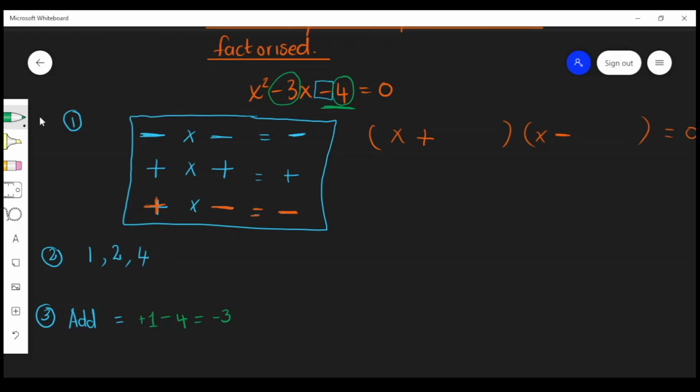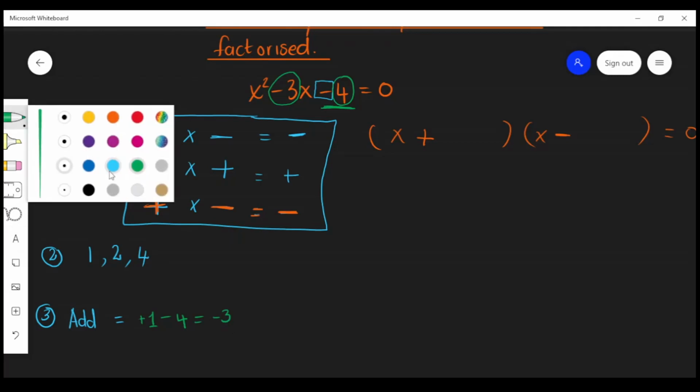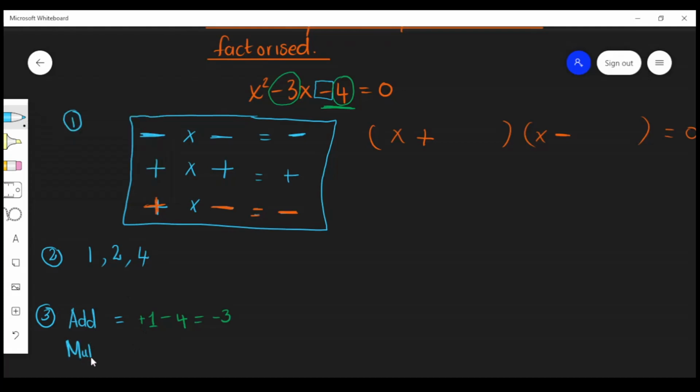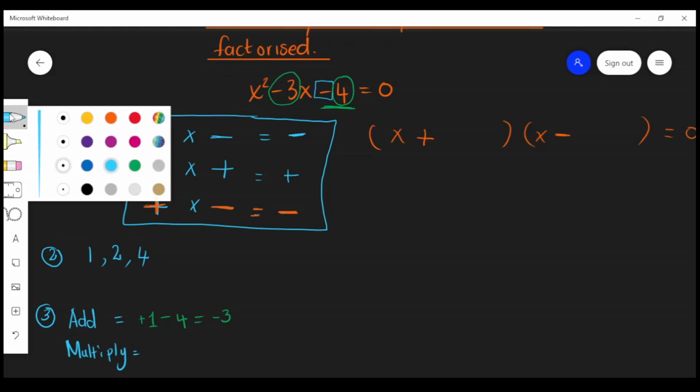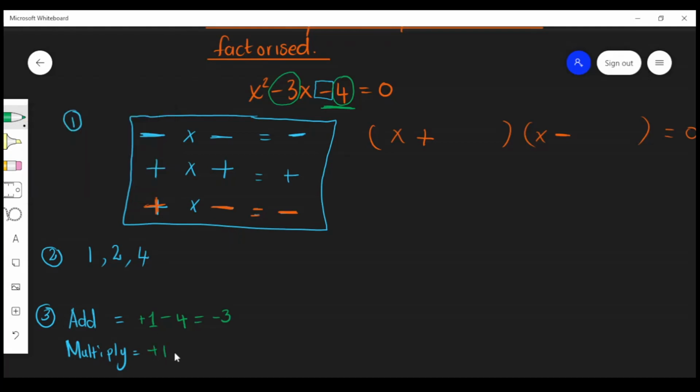And what happens when I multiply the positive 1 and the negative 4? Plus 1 multiplied by negative 4 is equal to negative 4.